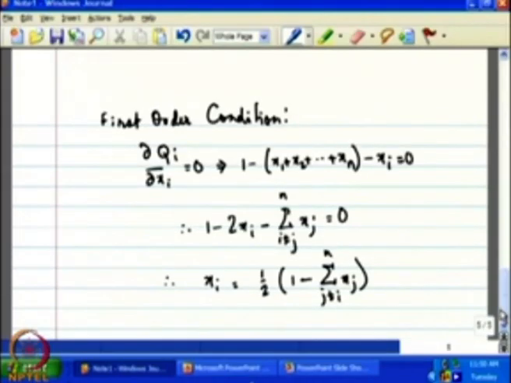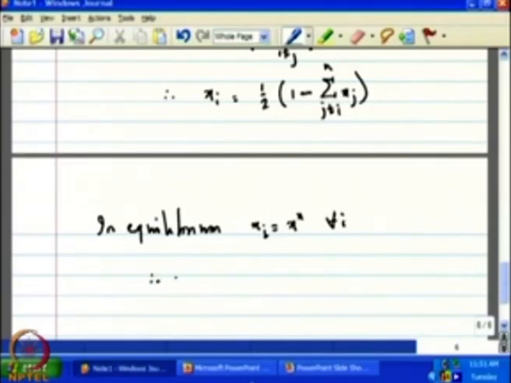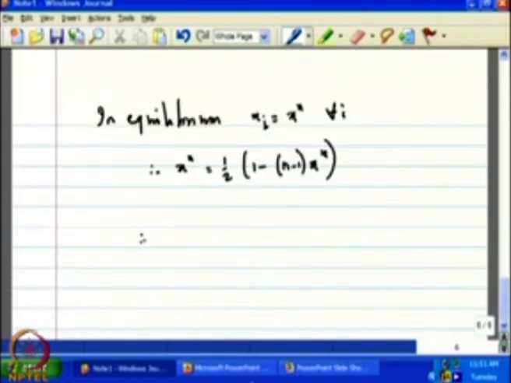Now, what we know is that in equilibrium this holds for all i, and so x star, all these n minus 1 x stars will have to be added up, which means that there are n minus 1 x star, and if I take this to the left hand side, 1 plus n minus 1 divided by 2.